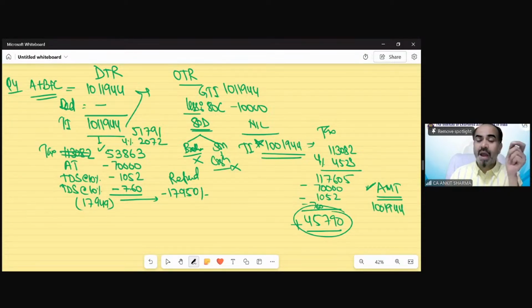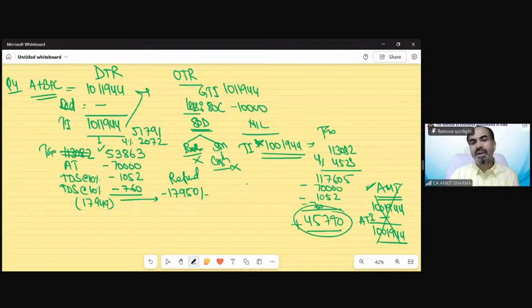And we need to add back certain specific deductions, 80QQB, RRB, 10AA, 35AD, which are not given in the question. So this would become my ATI. And you can see because the ATI is less than 20 lakh, the AMT concept is not applicable.